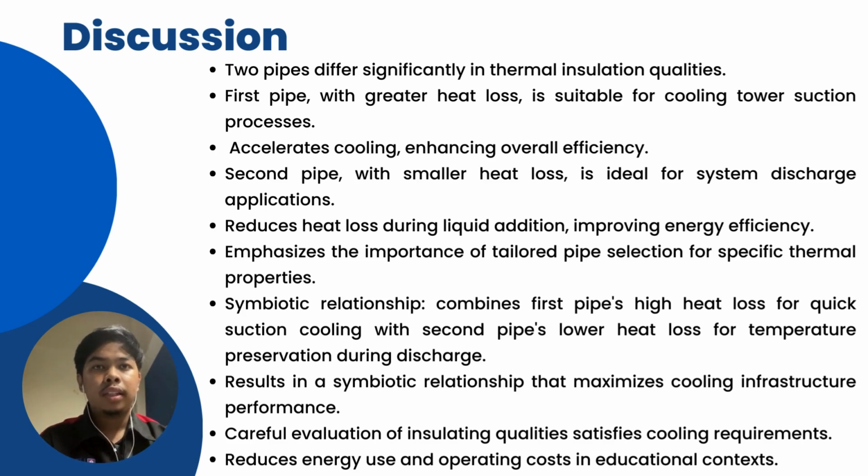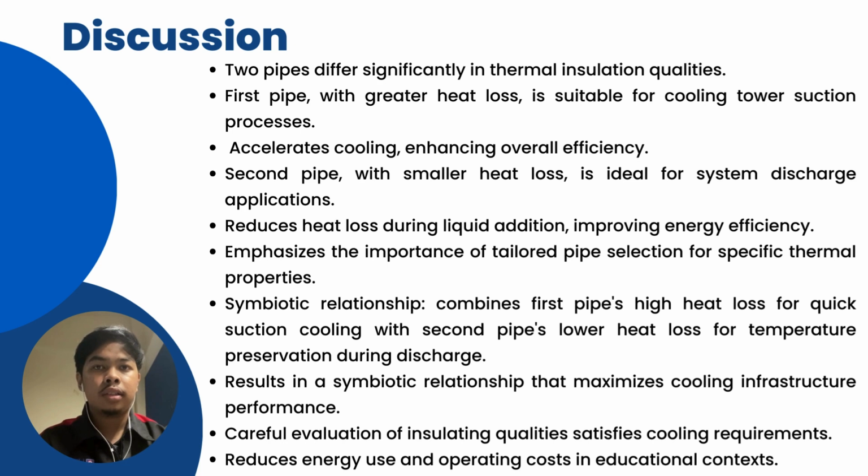Today I'm excited to share a discussion on our thermal infrastructure, specifically focusing on the distinct properties of two pipes and how their careful selection can significantly impact our cooling system efficiency. So, point one, distinct thermal properties. Our exploration begins with the recognition that our two pipes exhibit remarkable differences in their thermal insulation qualities. The first pipe, for the suction process, possesses a higher heat loss.